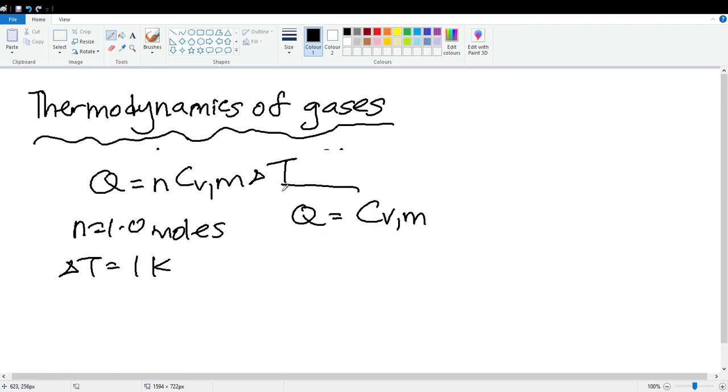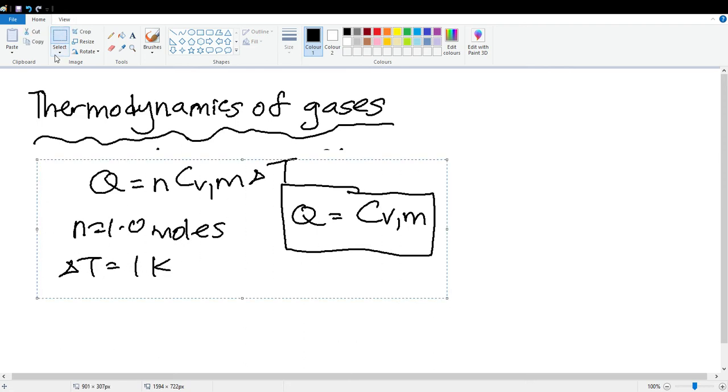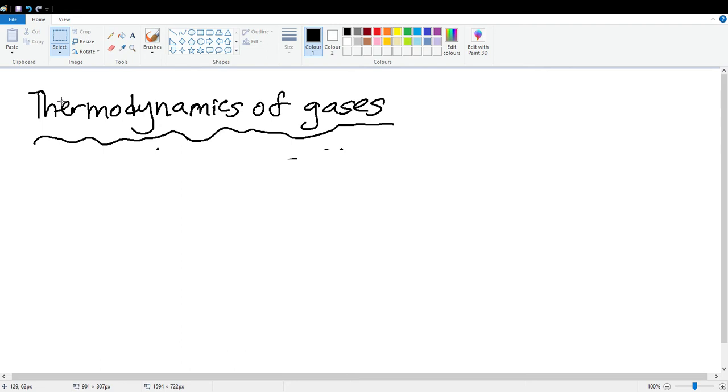This is the definition for molar heat capacity at constant volume. We have done these two conditions, so we have done the parts on heat capacities. Let's move on to another part.